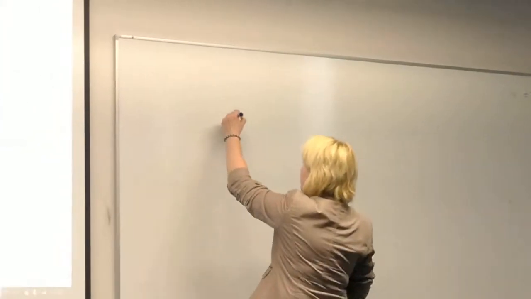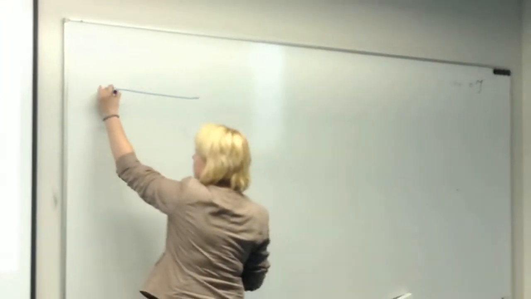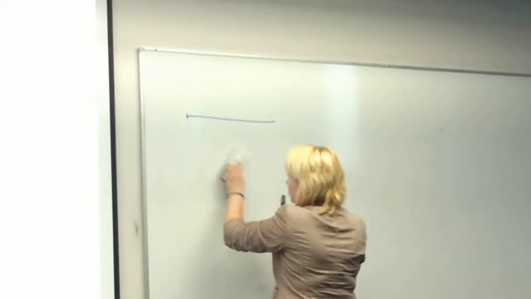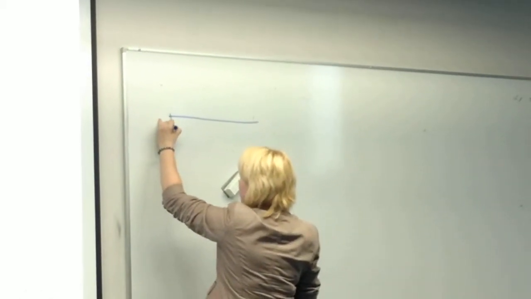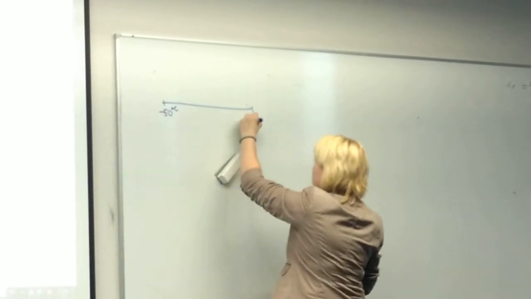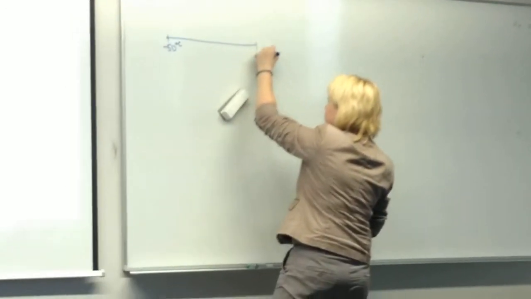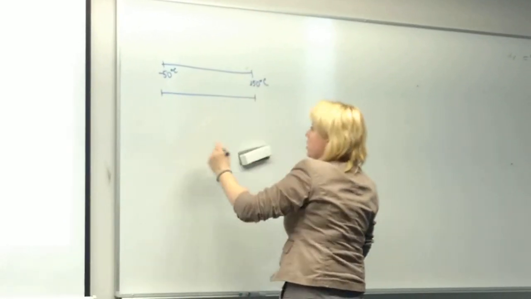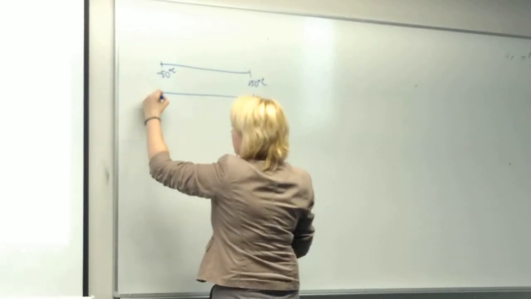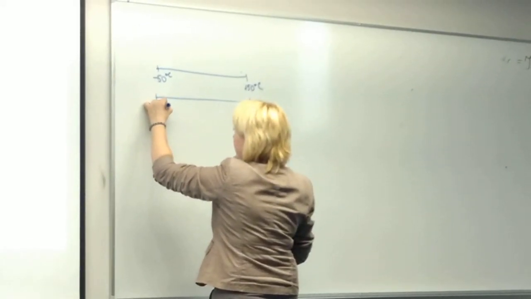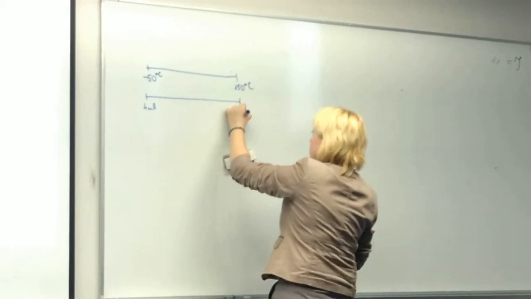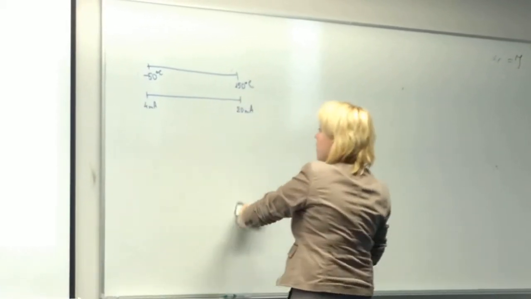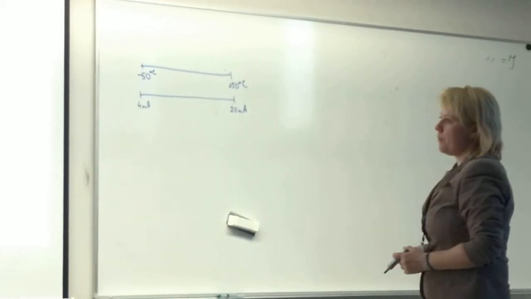So we are starting from temperature: -50 degrees Celsius to 150 degrees Celsius. Then the second range we will have from 4 milliamperes to 20 milliamperes. This range is the same.